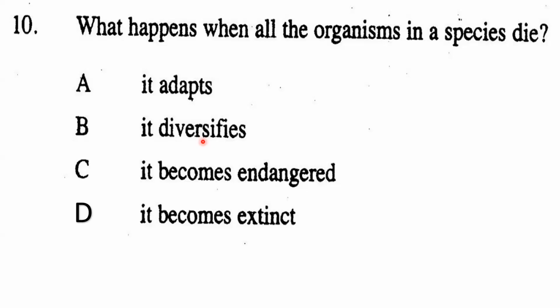Number 10. Please write this question down. Number 10, what happens when all organisms in a species die? A, it adapts. B, it diversifies. C, it becomes endangered. D, it becomes extinct.